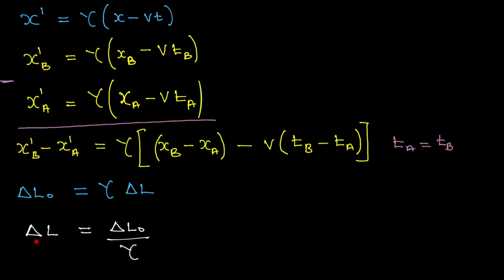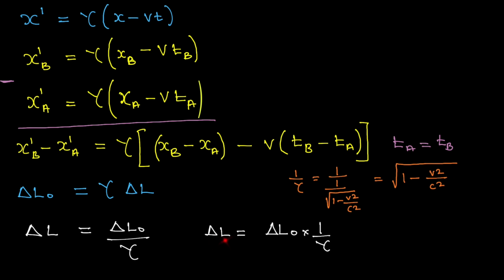Now we get delta L equal to delta L naught, the original length, the proper length, over gamma. But 1 over gamma is 1 over 1 over root 1 minus v squared over c squared, which equals root 1 minus v squared over c squared.